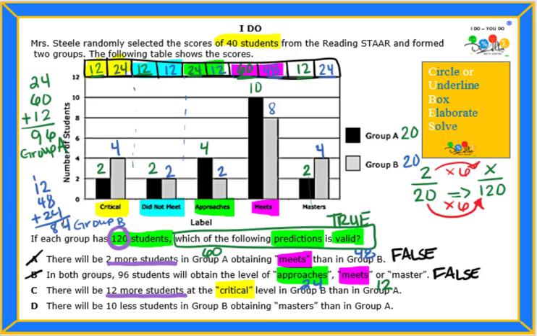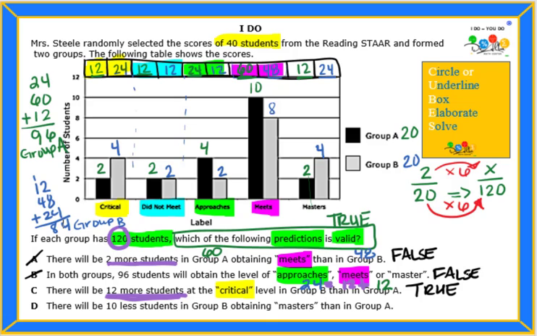Let's look at the comparison statement. 12 more students. Is 24 12 more than 12? Well, 12 plus 12 is 24, which equals what we had in group B. So this is true.